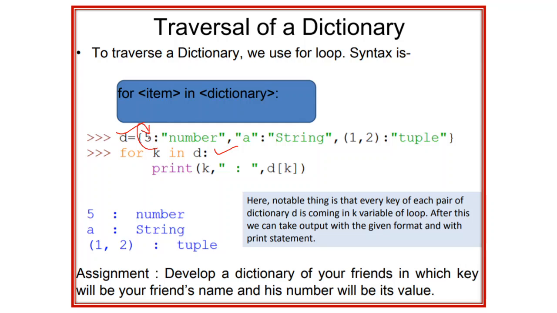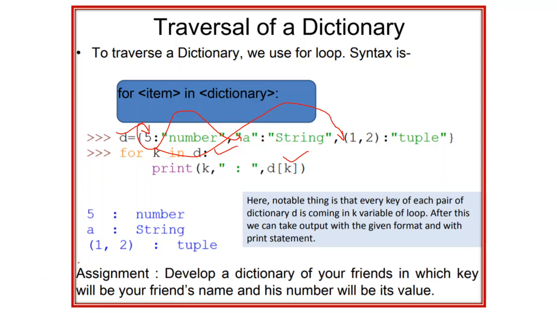First of all, it will pick 5, then A, then this tuple 1 2, and for every iteration of the loop we will print D of K. Then it will print first the number, then the string, then the tuple.